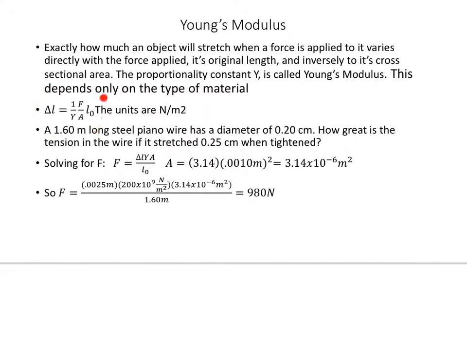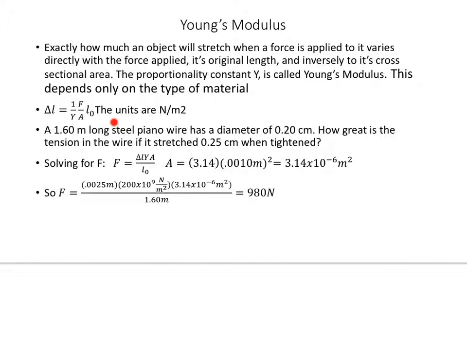Okay, so here is the equation right here. Delta L, the increase in length of the object, is equal to 1 over the value of Young's modulus times F, the force applied, A is the cross-sectional area, and L is the original length.